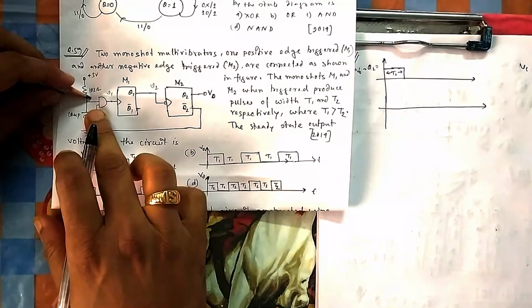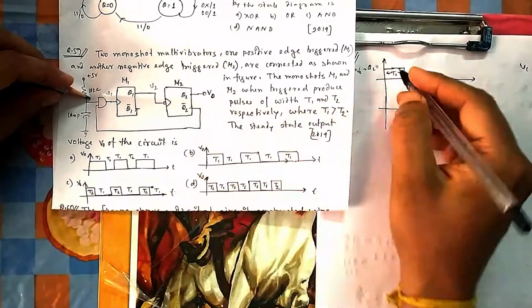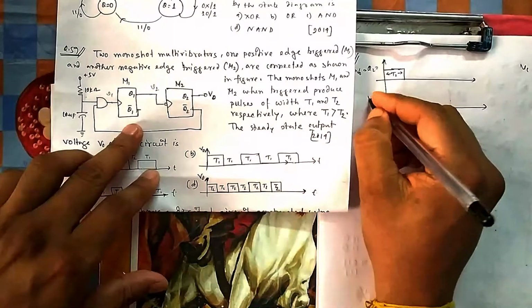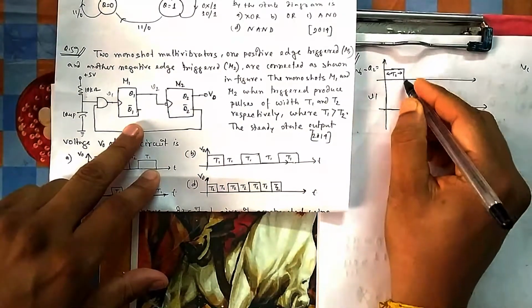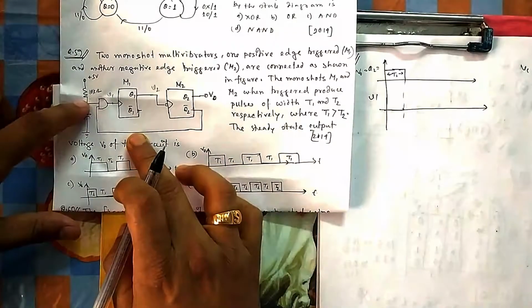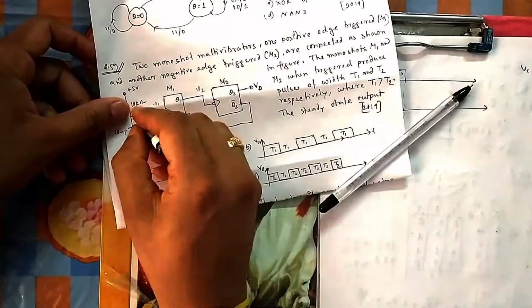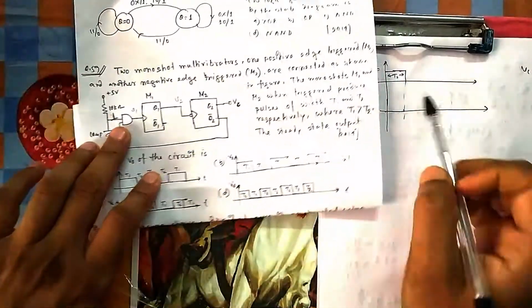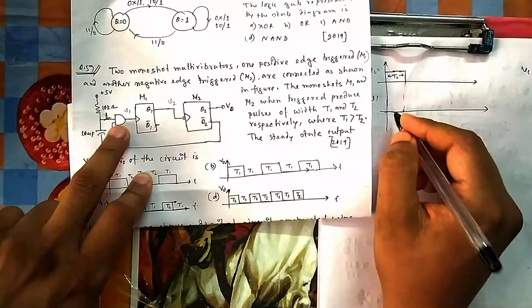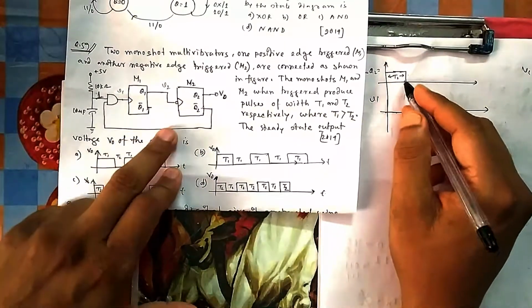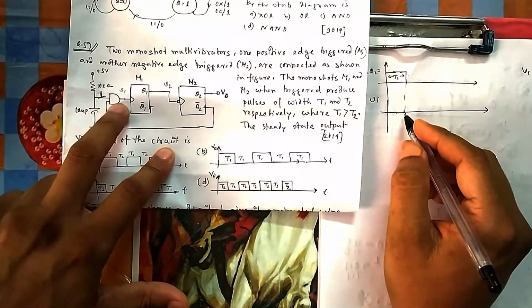So what is the state now? Initially when it is 1, this is 0, so something multiplied by 0 gives 0. So your V1 is 0 until now. When it becomes 1, because this side is already 1 as the capacitor is charged, Q2 is 0 so Q2 bar is 1. It is 1 into 1, so this is 1.